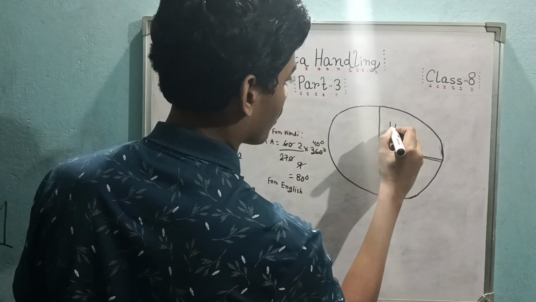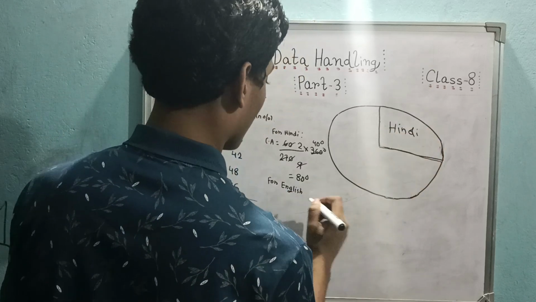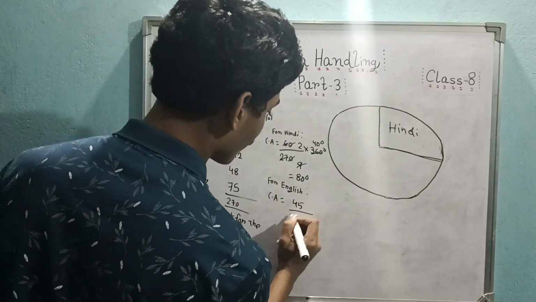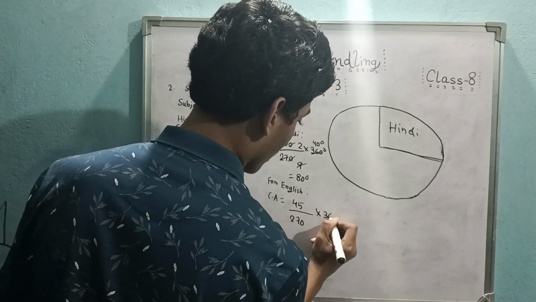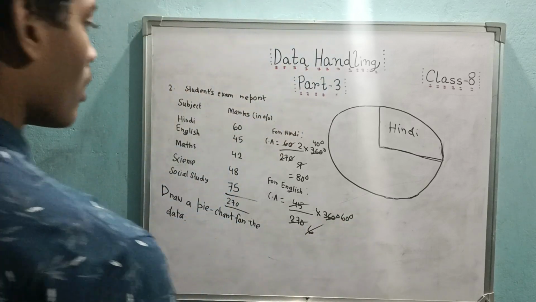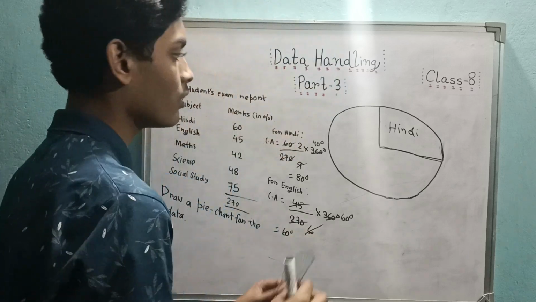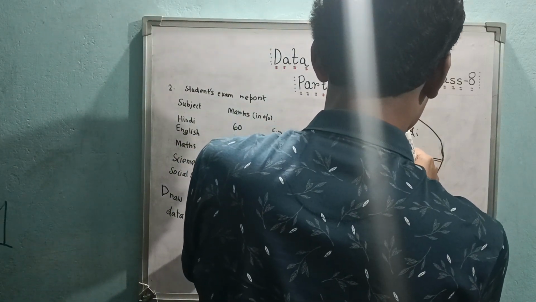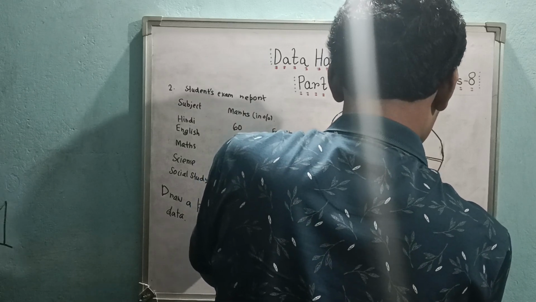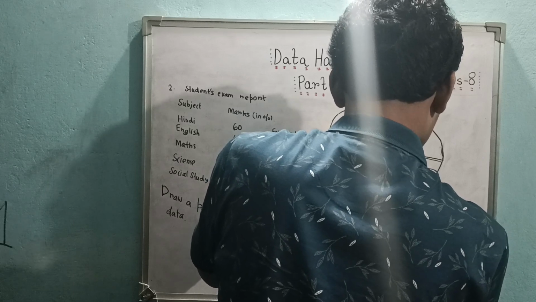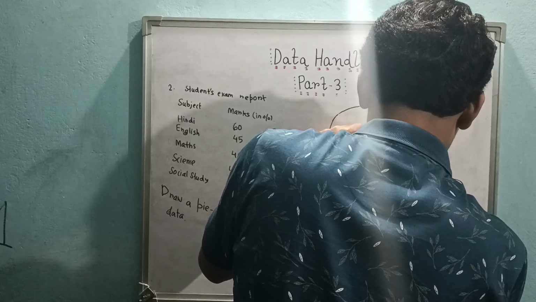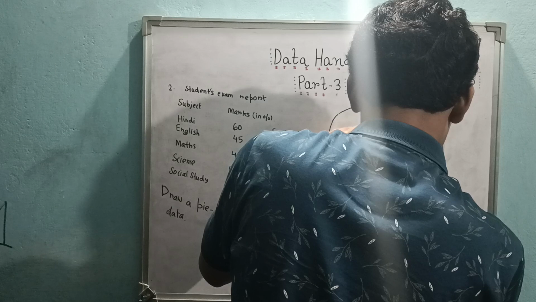So this is Hindi. For English now, central angle is what? English's frequency is 45, total frequency is 270, multiplied by 360 degree. Then do the calculation: 60. So the central angle of English is 60 degree. Then on this line, let's draw 60 degree.